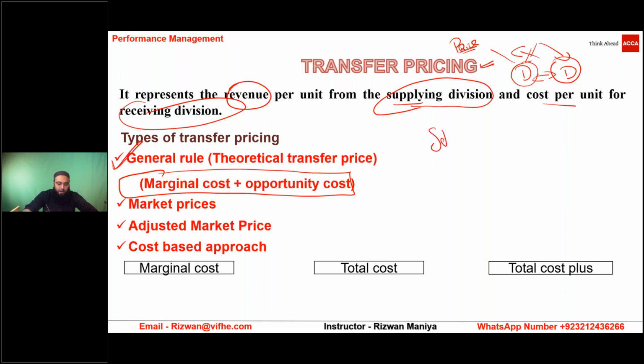If I'm a seller and you are a buyer, okay? You are the internal buying division. Now listen, I can sell the product to the external market, to the external customer, or I can sell this product to you internally as well, right?